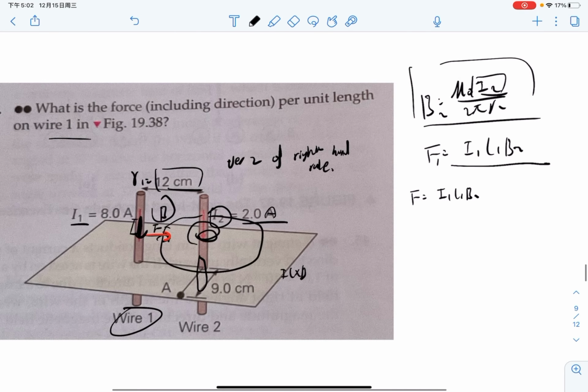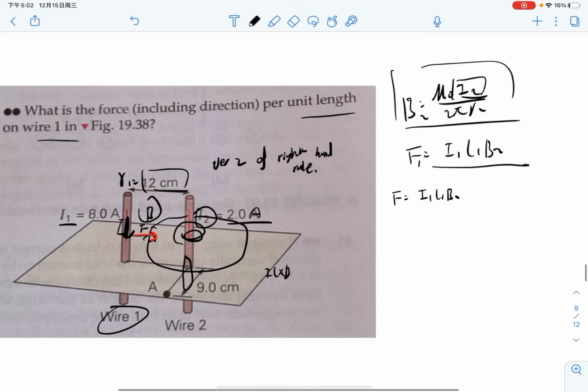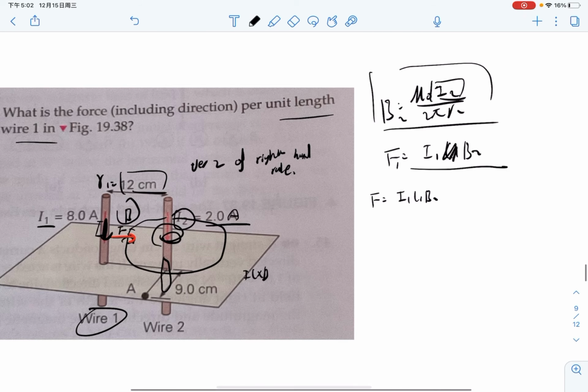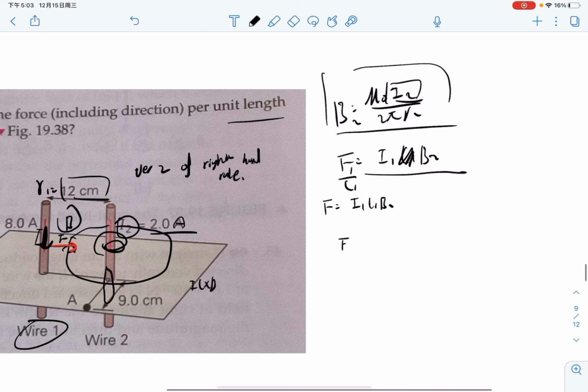For force per unit length, you just need to move L1 to here. Now you can get the equation F1 divided by L1 equal to mu 0 I2 divided by 2 pi R2 times I1. Okay, we're done with this question.